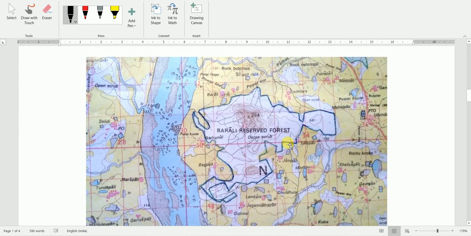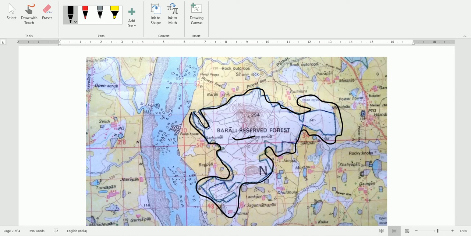We have to measure the area of this Barali Reserve Forest, and in our case we're including the open scrub also, so it is to be measured.